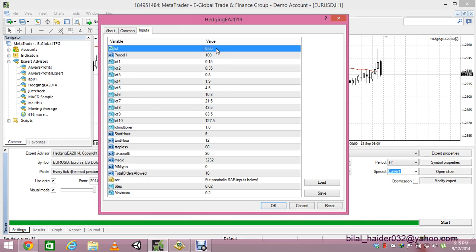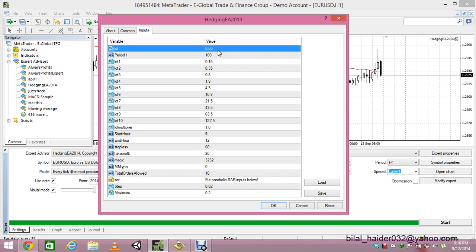The first input is the lot size of the very first trade. As you know, this expert advisor places the first trade, buy or sell, and it places a buy stop or sell stop at the same time, based on what it placed.